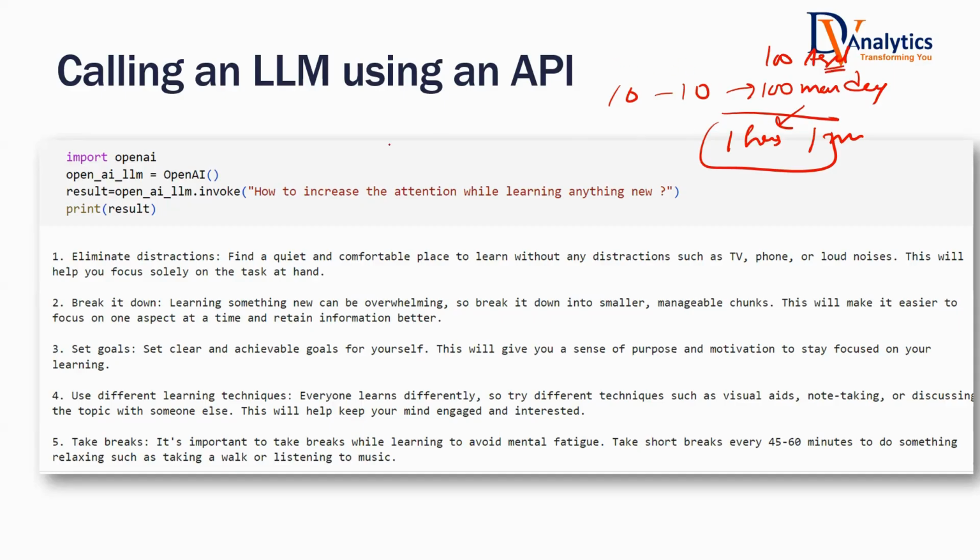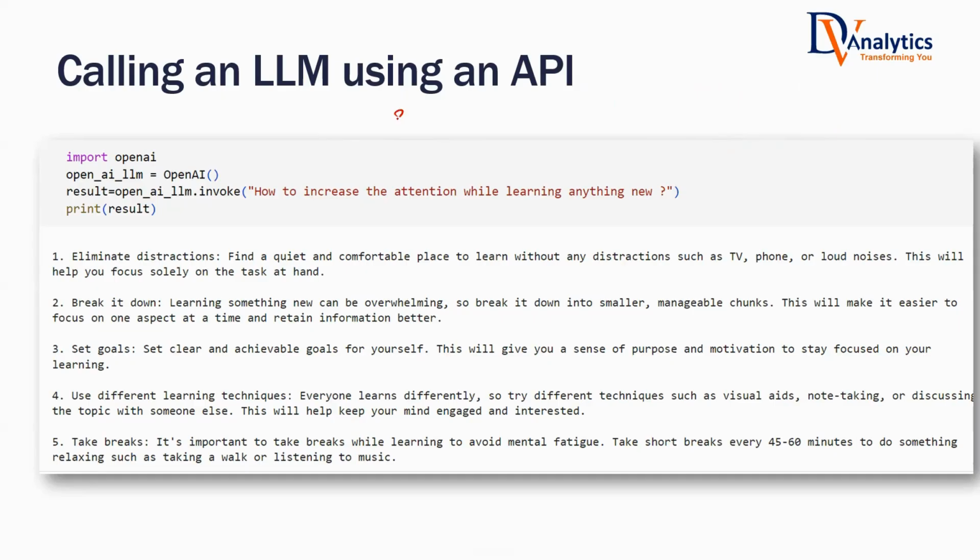Your job will be transformed to a new level. If we are not updating, definitely our job may go away, but we have to transform. Let's say around 3 million jobs may go away, but I'm pretty sure around 5 million new jobs will be created. We have to be prepared and ready for those 5 million jobs. We have to be eligible, that's it.